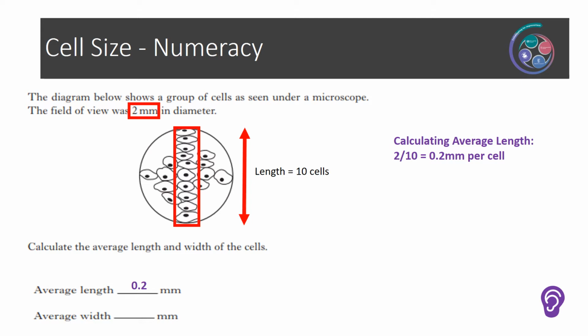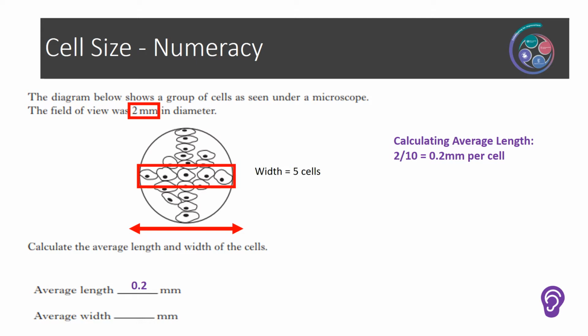Next, we need to calculate the width. So we want to do the same thing again, but this time we want to count the number of cells going from left to right. If you count along using the highlighted section here, there are 5 cells. This time we want to do another division, but using this number.